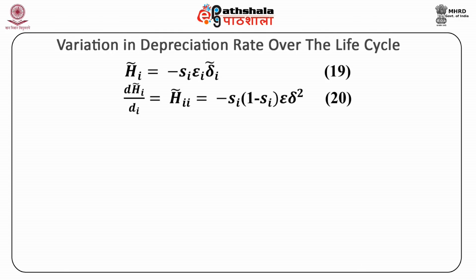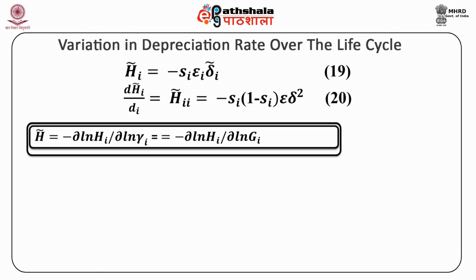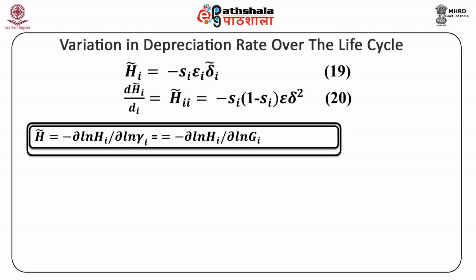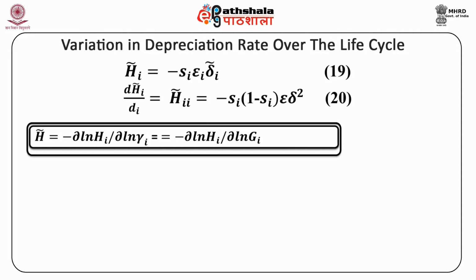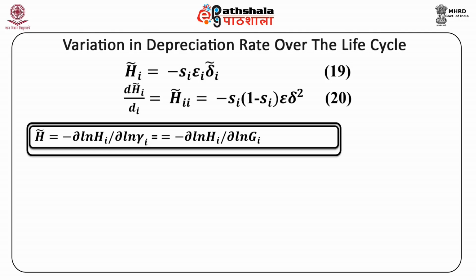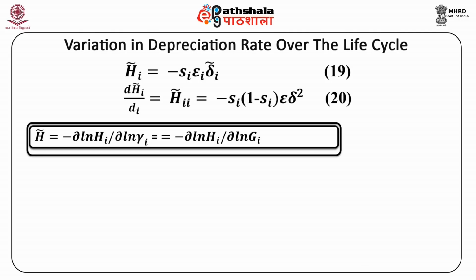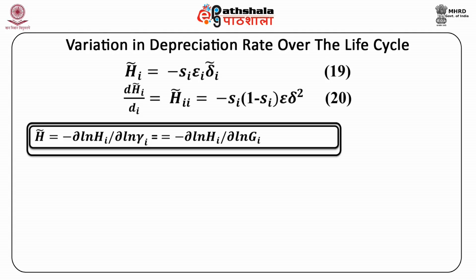Equation 20. Here H tilde is equal to minus delta log Hi upon delta log Yi, which is equal to minus delta log Hi upon delta log Gi. Si is the depreciation share in health capital cost.